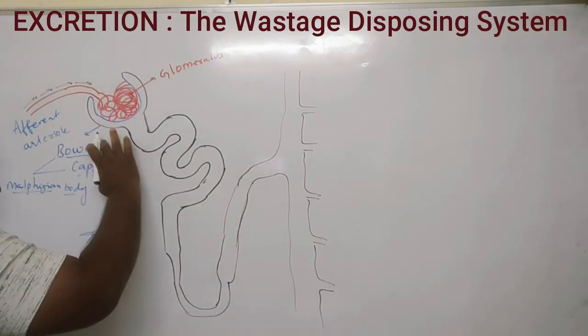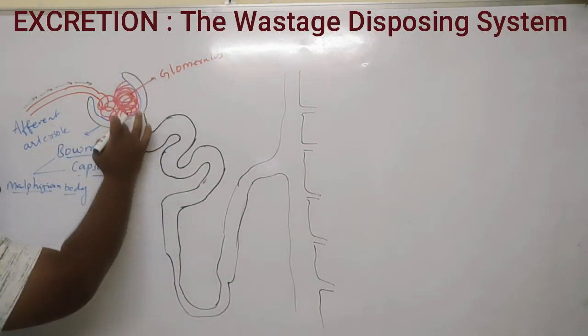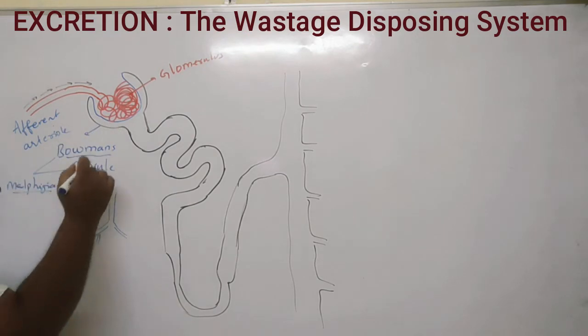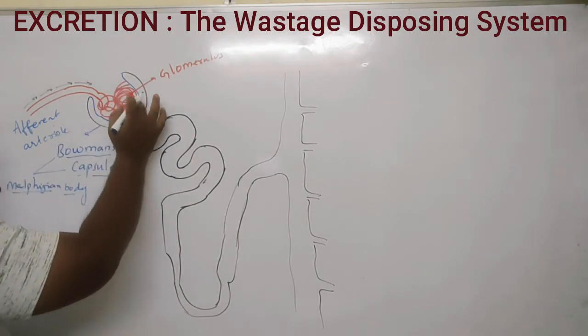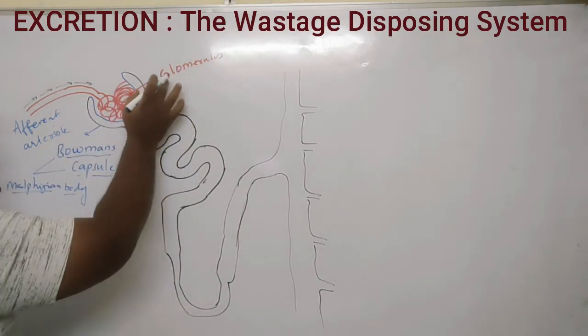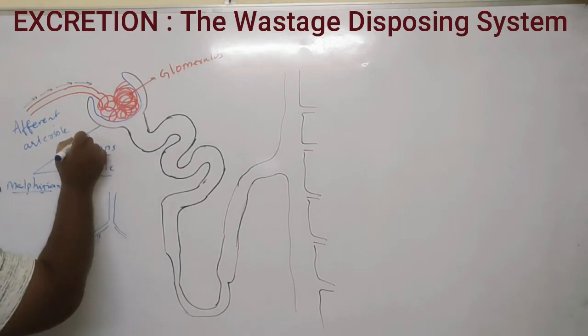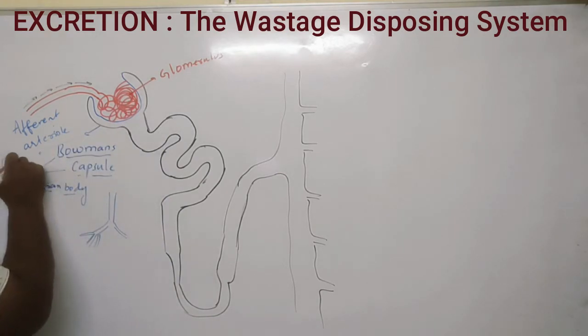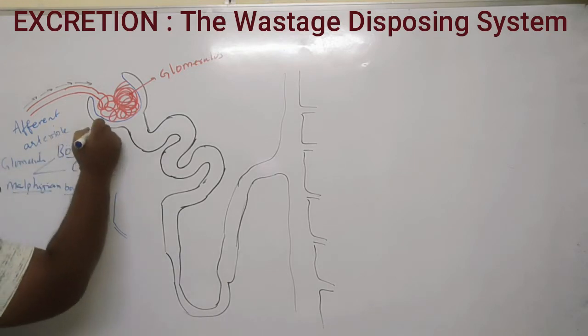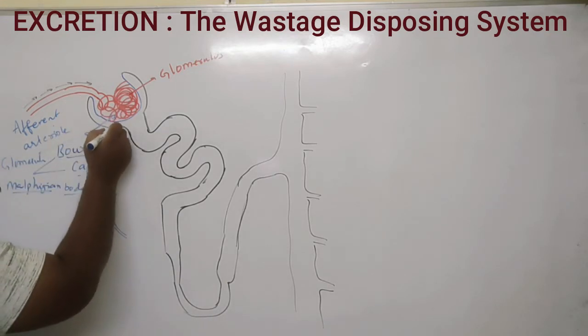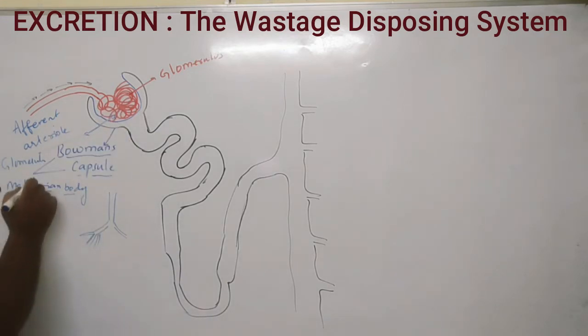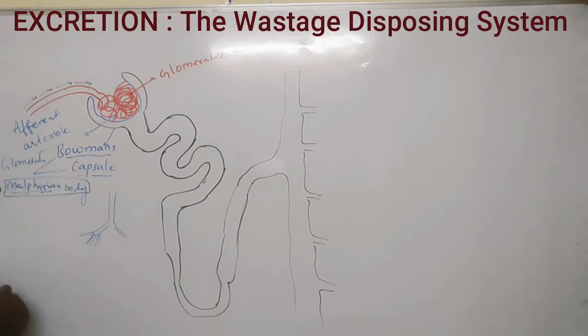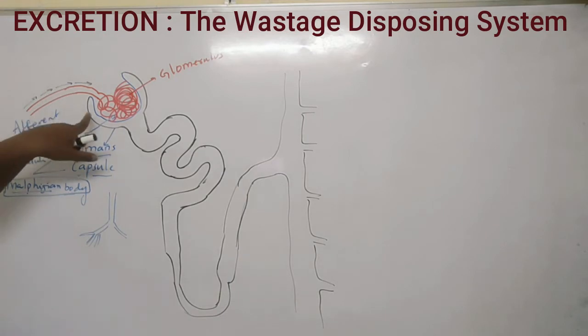This is the cup-shaped structure called the Bowman's capsule, and the capillary network is called the glomerulus. Both of them together, the glomerulus and the cup-shaped Bowman's capsule, are called the Malpighian body.